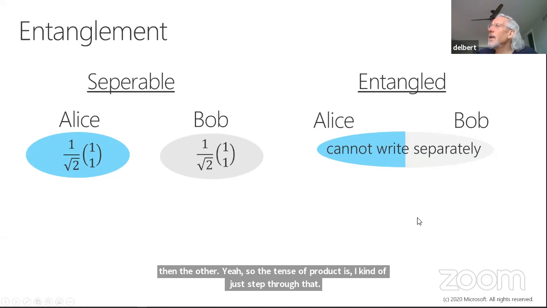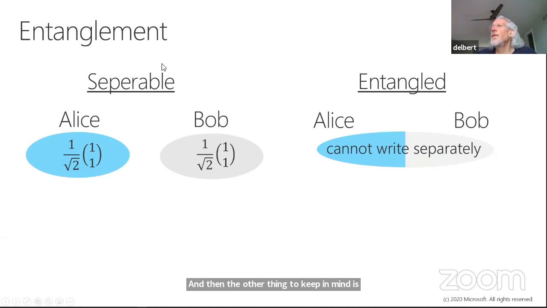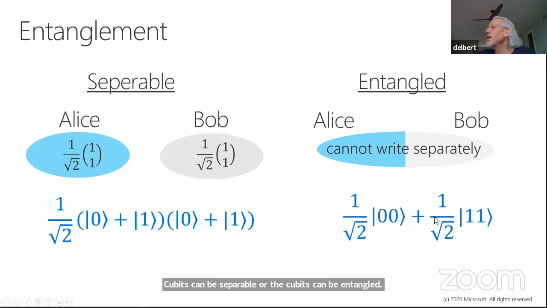And then the other thing to keep in mind is that with these multiple qubit states, the qubits can be separable or the qubits can be entangled. And so this is another level of the quantum mystery. If you have separable qubits, then you can write them as a tensor product of individual states.